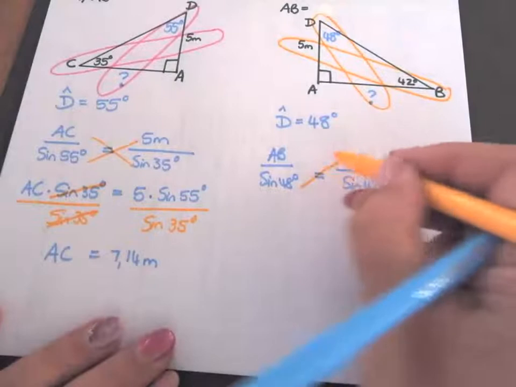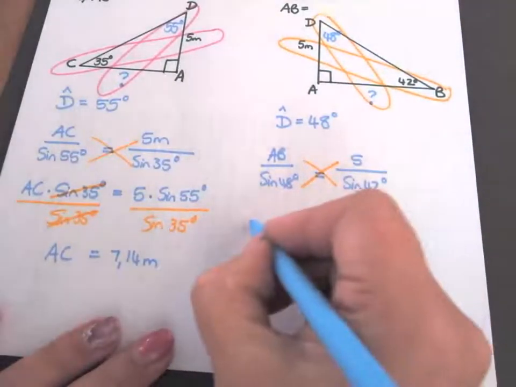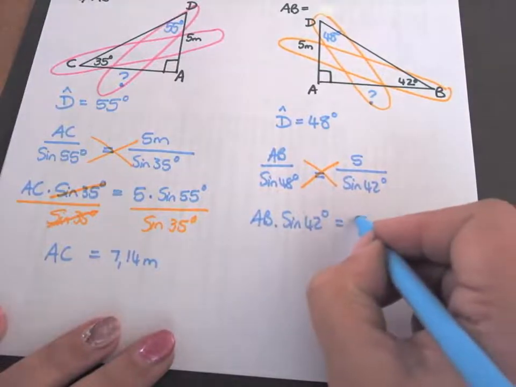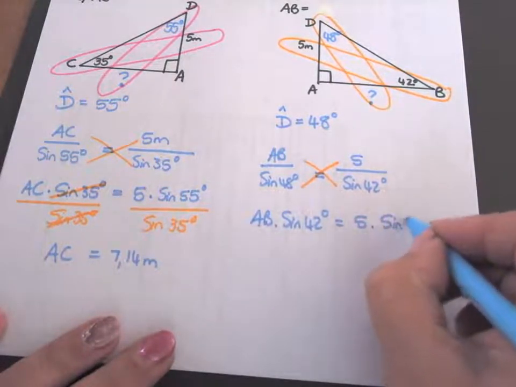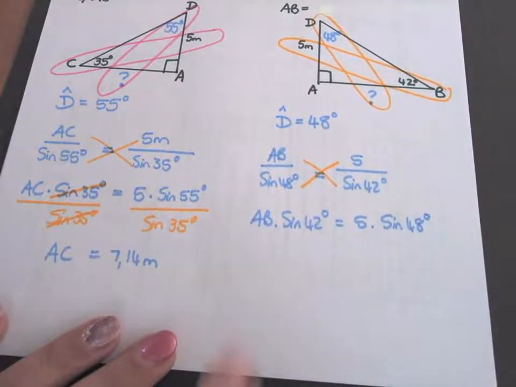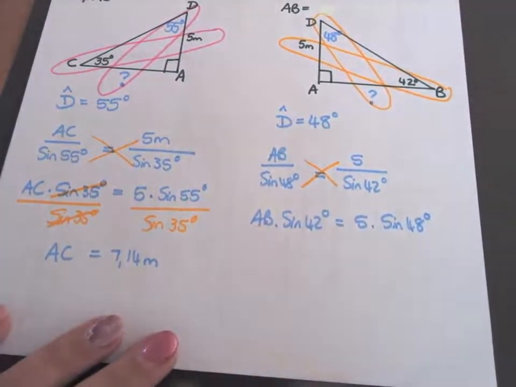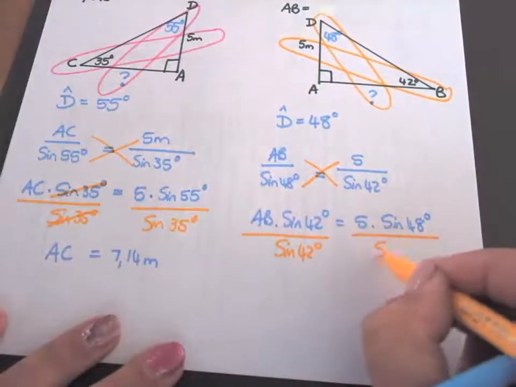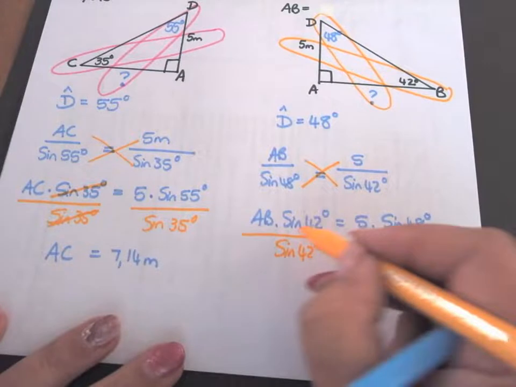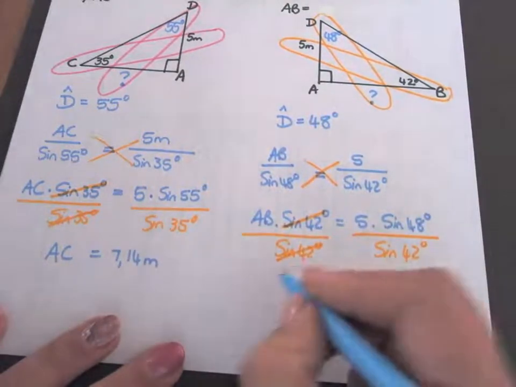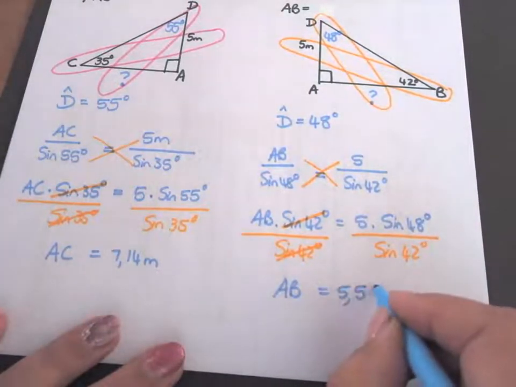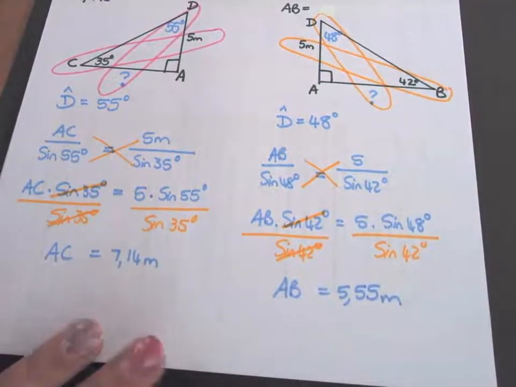Cross multiply. AB times sine 42 equals 5 times sine 48. But I want AB alone, so I need to divide by sine 42. That cancels out, and AB equals, you type that into your calculator, and get 5,55 meters.